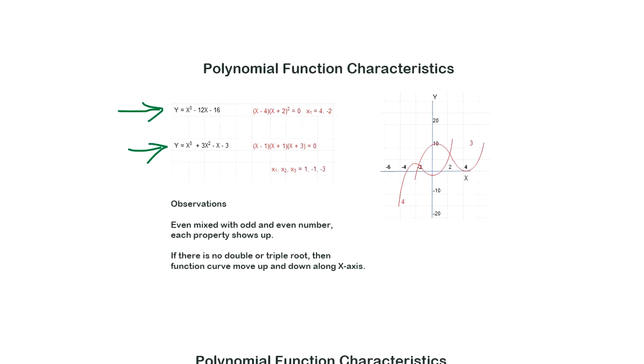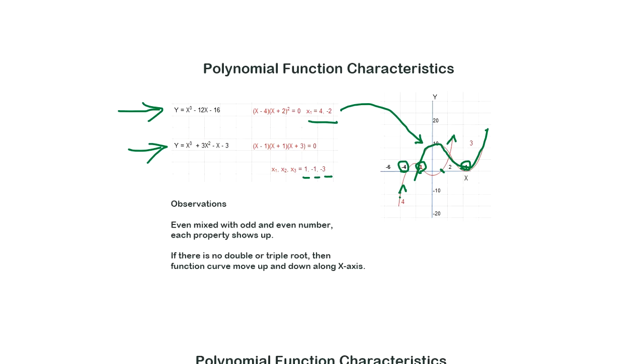This one has roots 4 and negative 2, so the first one must be this one. And the second one has roots 1, negative 1, and negative 3. So it must be this one, right?